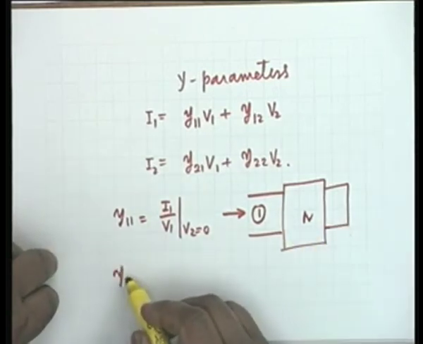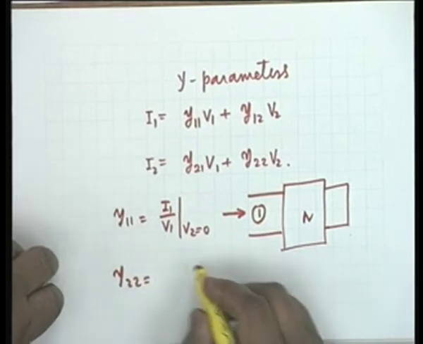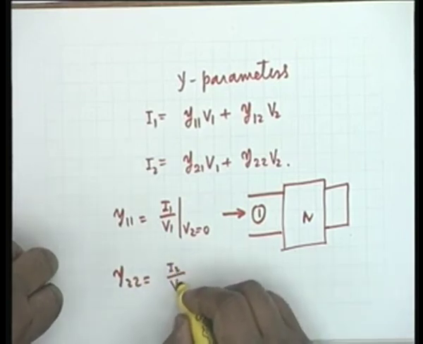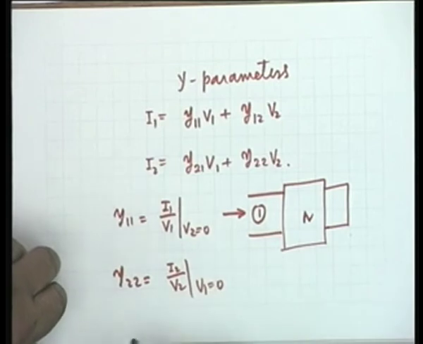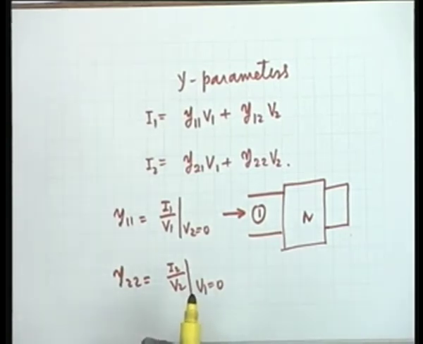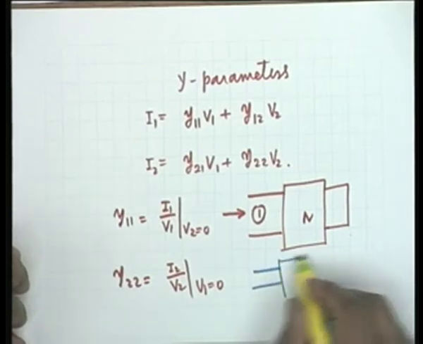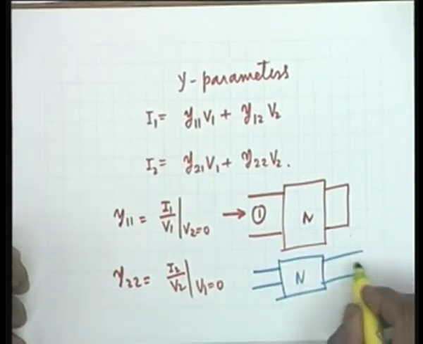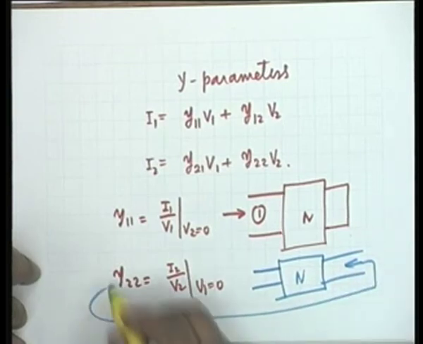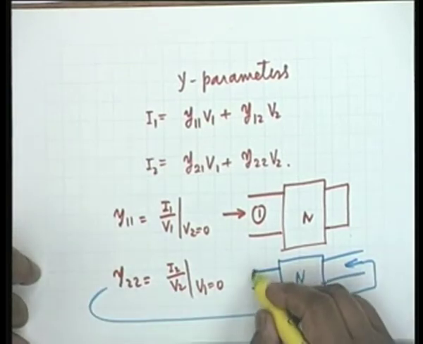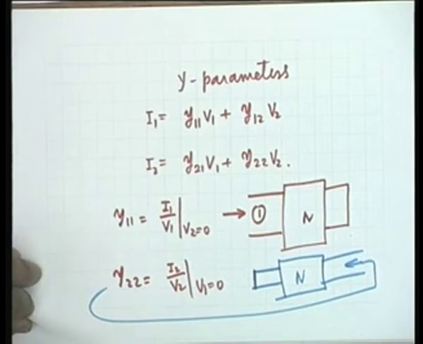In a similar manner, you can show that y22 is I2 by V2 with V1 equal to 0. That means it is the driving point admittance at port 2 with port 1 short circuited. This is where you measure the driving point admittance with this short circuiting. Okay.